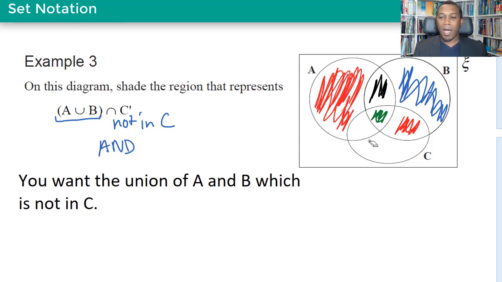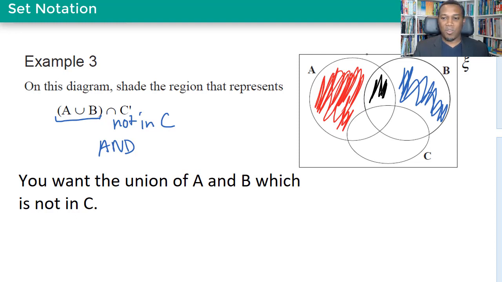It's in C, so it can't be part of what we want. Anything in C has to be removed. That's the area you should have shaded.